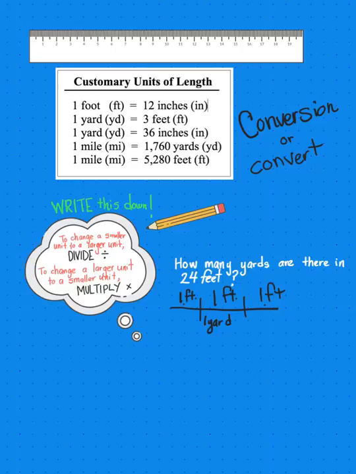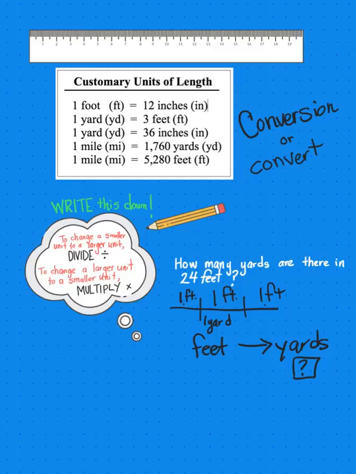So if I'm looking to do that, I am going to divide. And the reason I'm going to divide is because I'm changing from a smaller unit, which is feet, to yards. I'm going from feet to yards. That's the question mark right here.